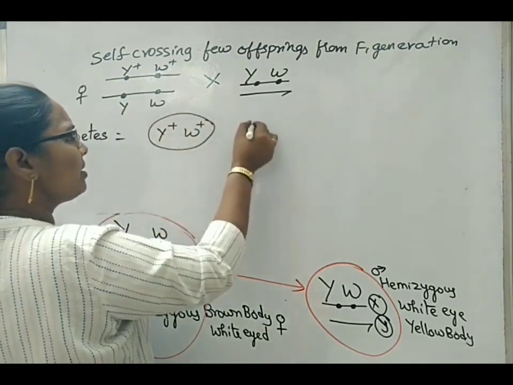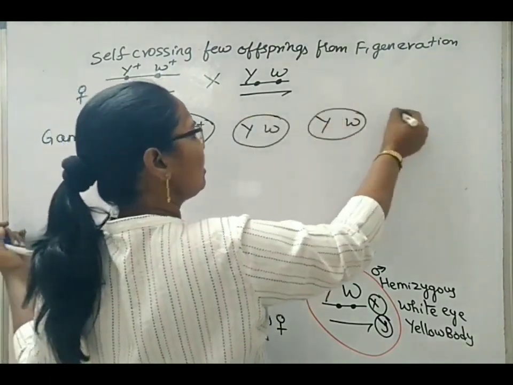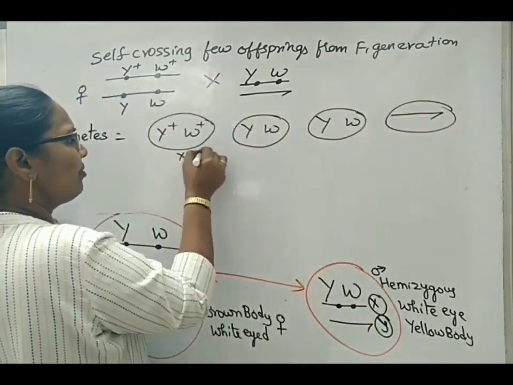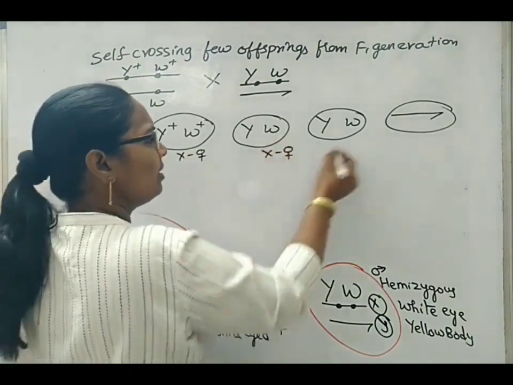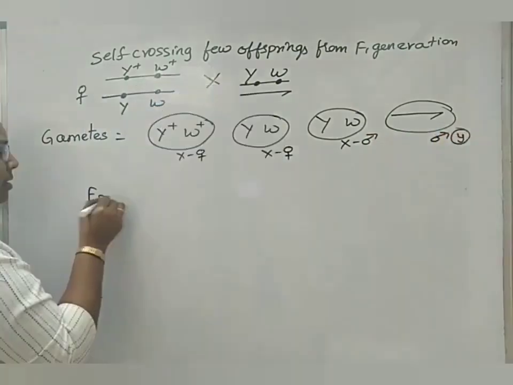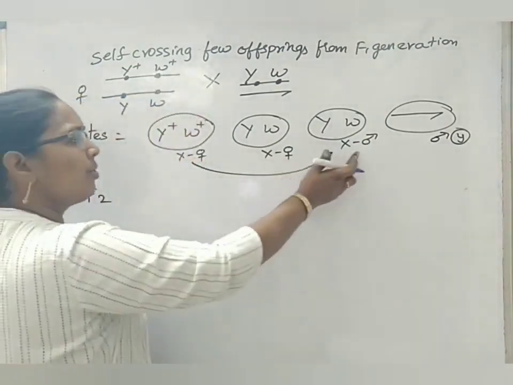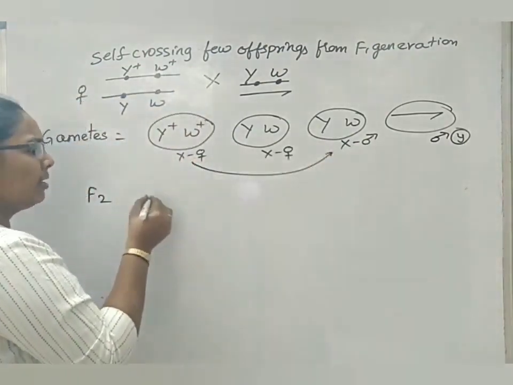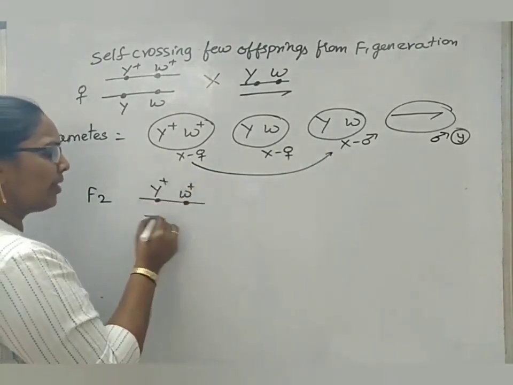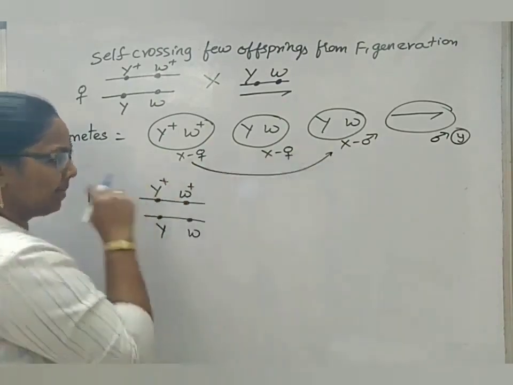We are getting one gamete like this, another gamete like this, another gamete like this, and the Y chromosome. So this is the X of a female, this is the X of a female, this is the X chromosome of the male, and this gamete is of the male Y chromosome. Coming to the F2 generation, the X of a female crossed with the X of the male Drosophila gives the combination Y plus, meaning dominant alleles of the female and recessive alleles of the male.